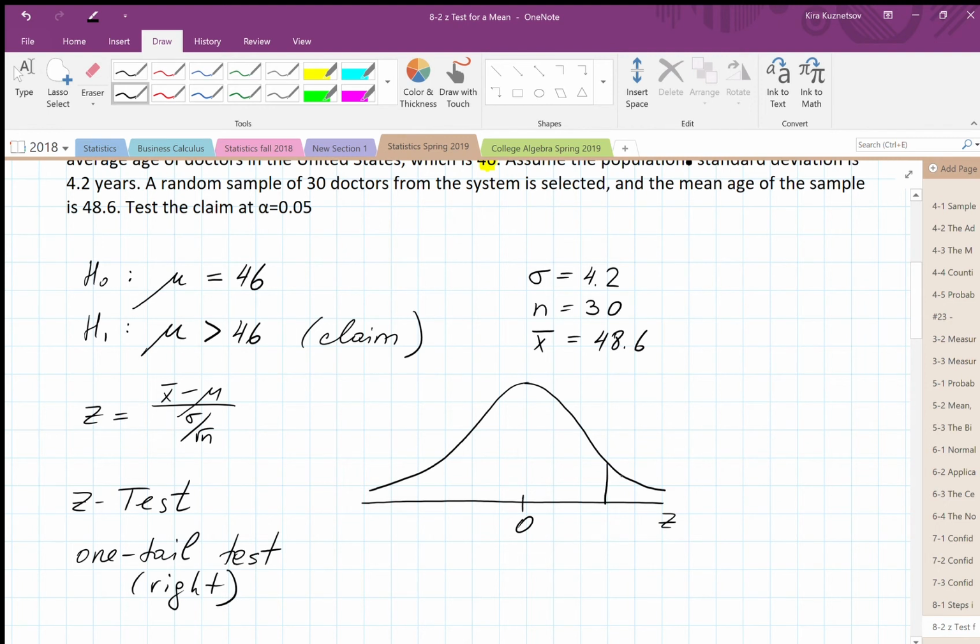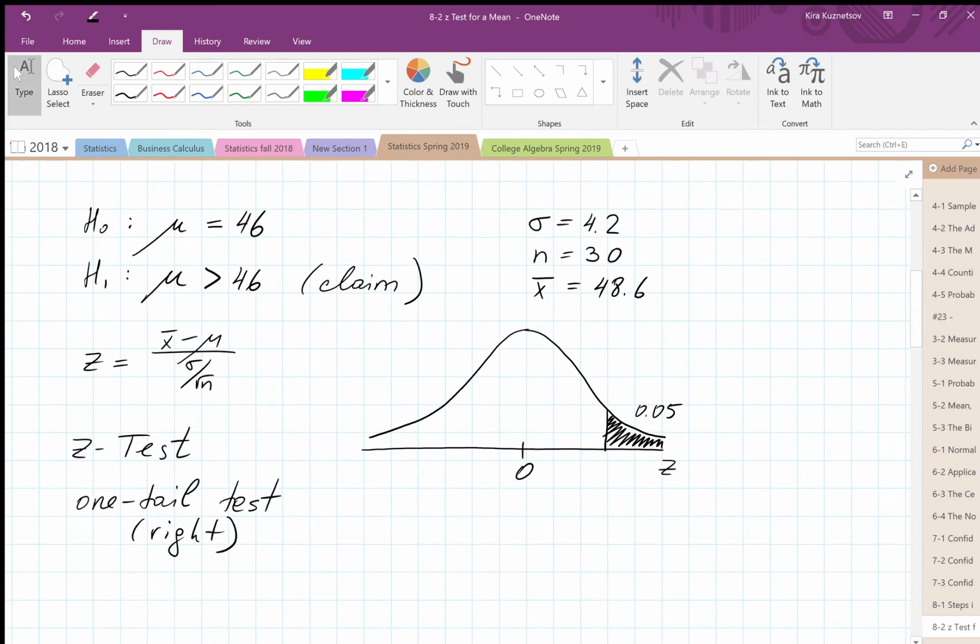So what I can do is draw this picture looking like this to identify the critical region as the shaded region. And my alpha is 0.05, so this area has to be 5%. In order for me to look up the critical value, I need to look up the z-score that corresponds to the bottom 95%.